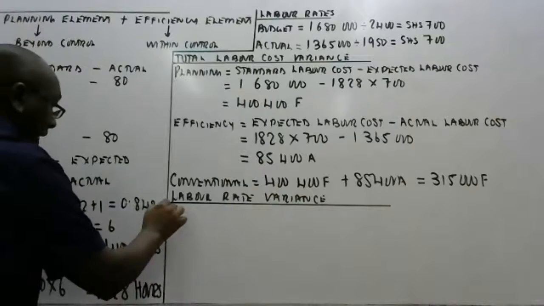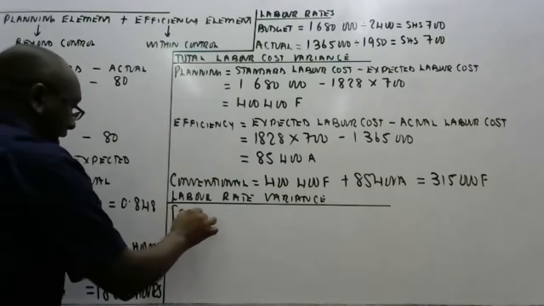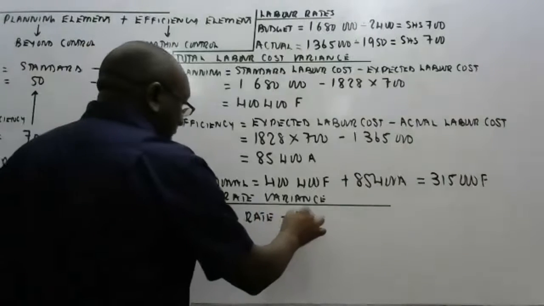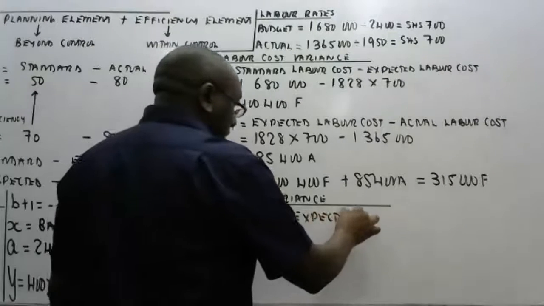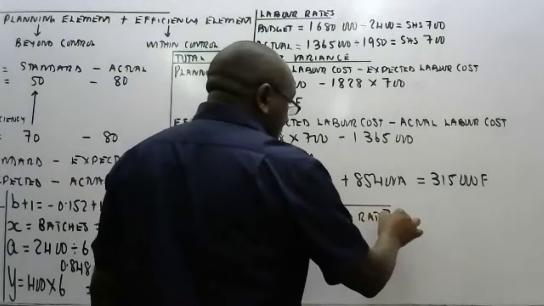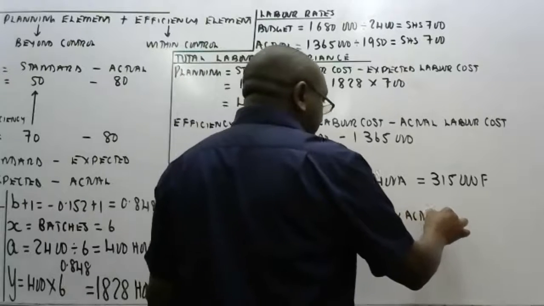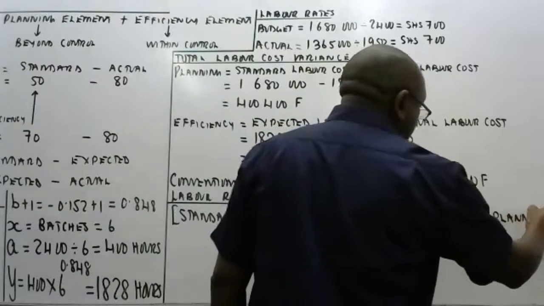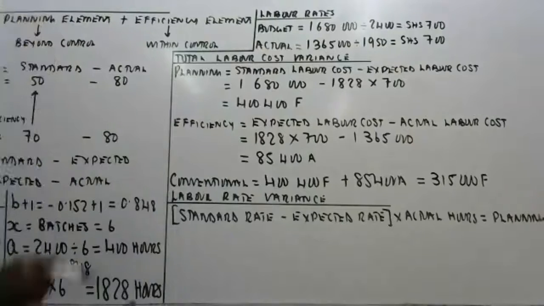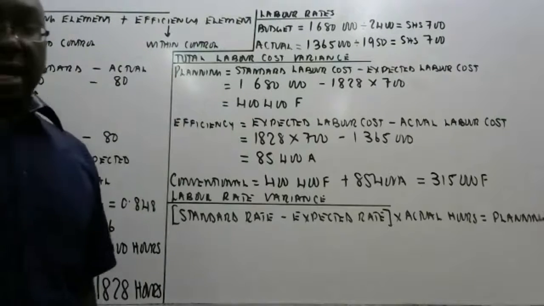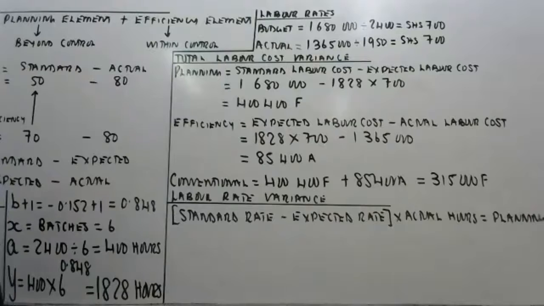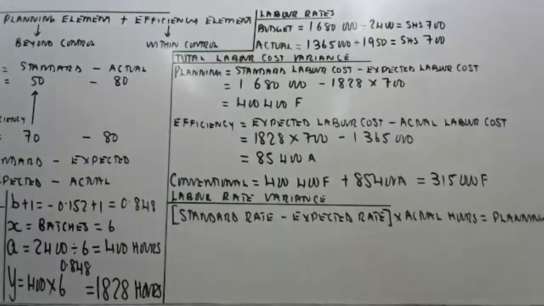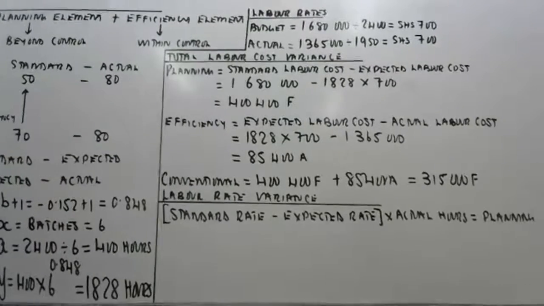So we open the brackets here: standard rate minus expected rate, you multiply by actual hours, and that gives you the planning element.